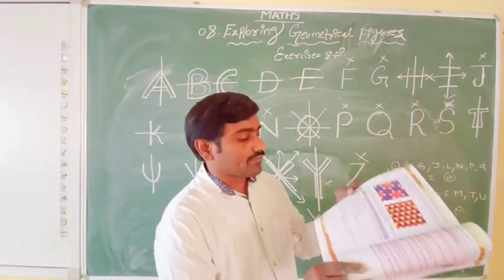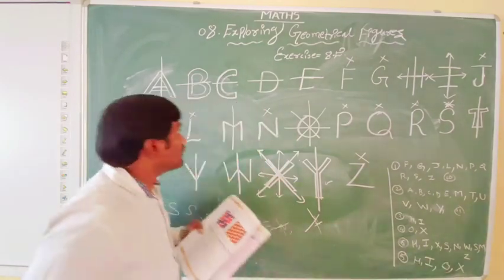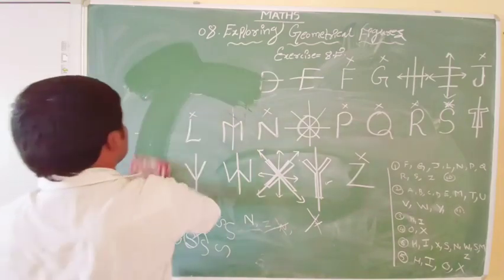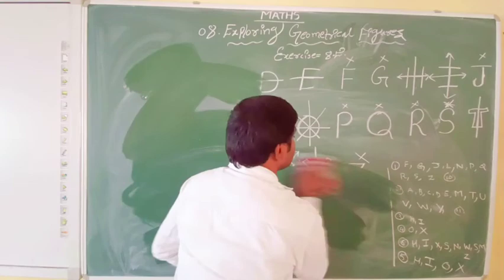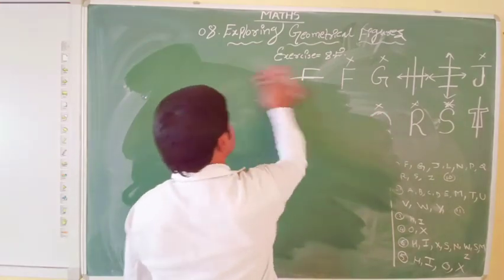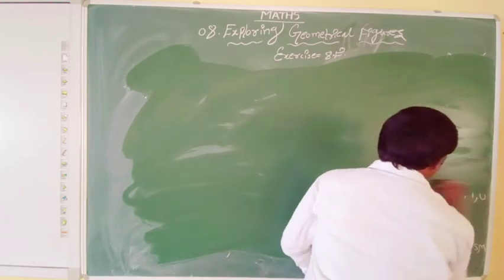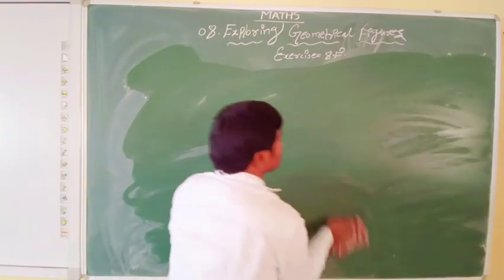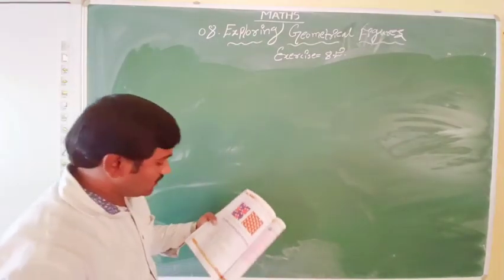And see that there are some pictures given here. We have to know how many axes of symmetry each of them has, so you need to draw. Already I have shown you how many axes of symmetry each of them has.